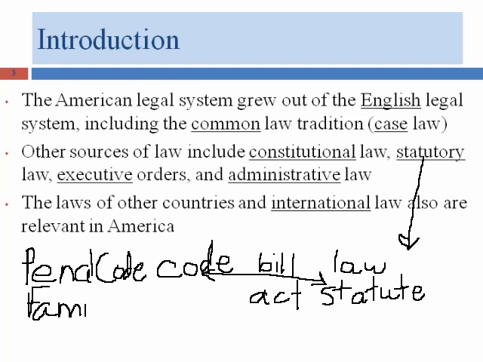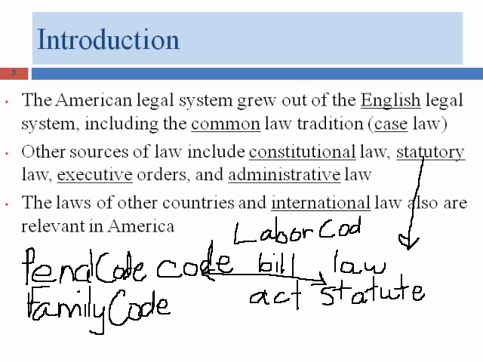It's about things like marriage, divorce, child support, child custody, issues along adoption, issues relating to the family. And then we might have a labor code, and that talks about all the issues about working conditions, working rights, things along those lines. You might have a tax code that would talk about tax issues.